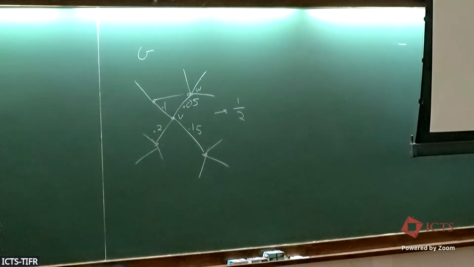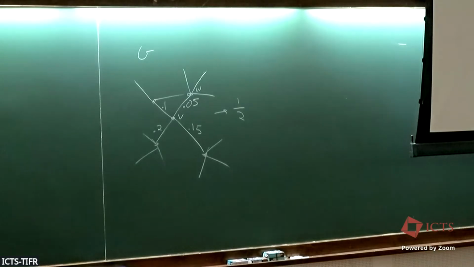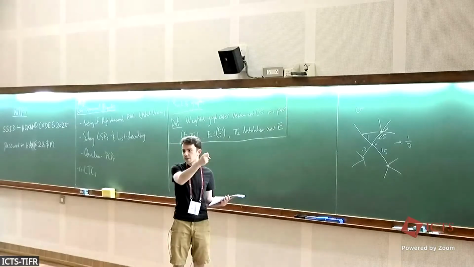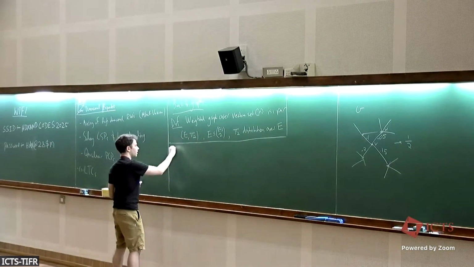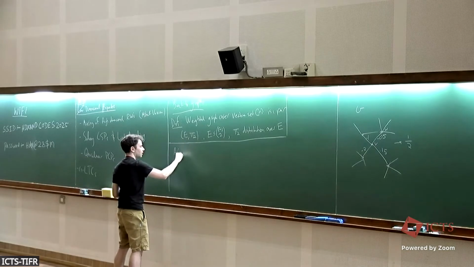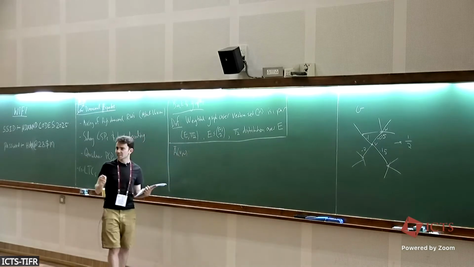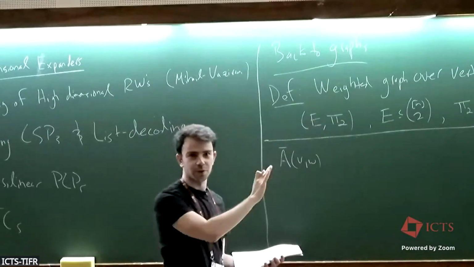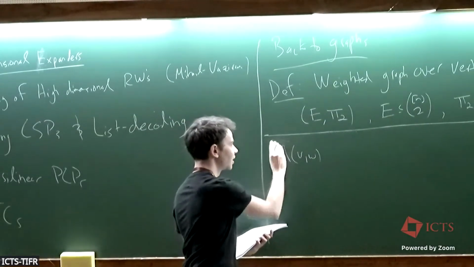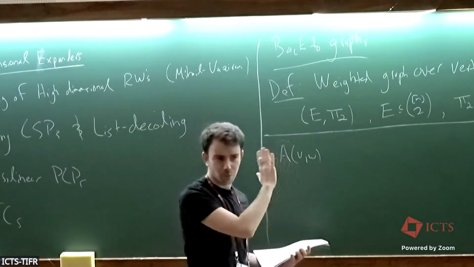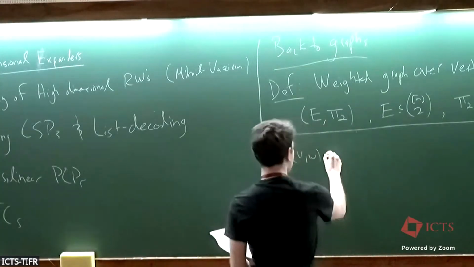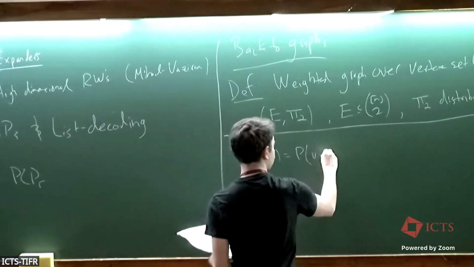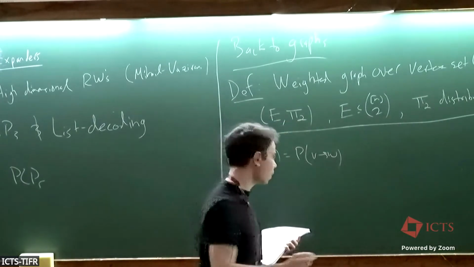So this leads to the following definition of the adjacency matrix, where the VW entry is just the probability of going from V to W. So the weighted adjacency matrix. I think Madhur used a bar for this. I will only ever talk about the weighted adjacency matrix, so I'm just going to write A, and it will always be this weighted matrix. This is the probability of going from V to W in this walk.